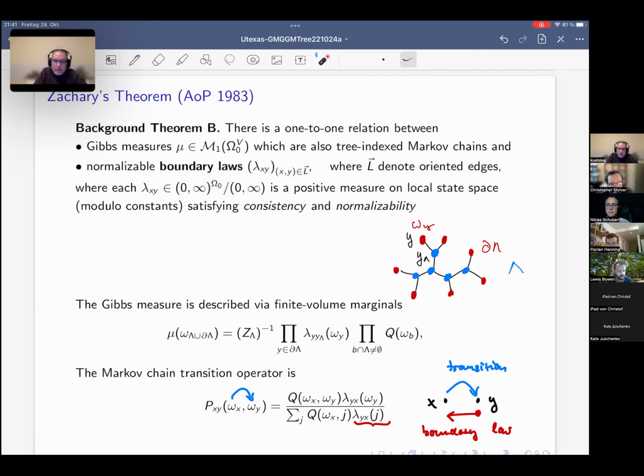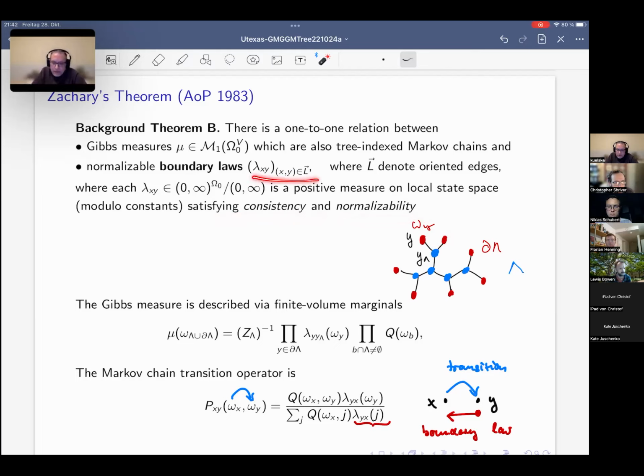And so it has one multiplicative constant, so you take it modulo multiplicative constants. And so for every oriented edge, we have such weights. And so they must satisfy some consistency and some normalizability. And the consistency, okay, normalizability, I will come to in the next slide.